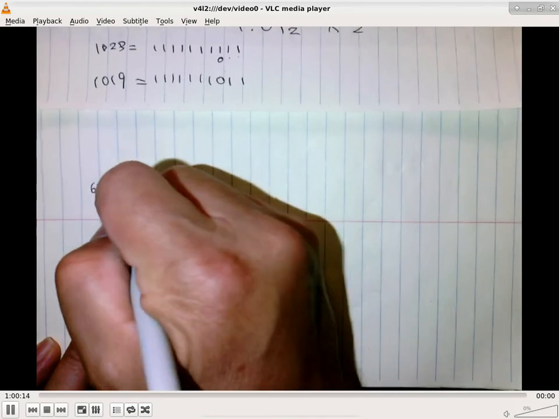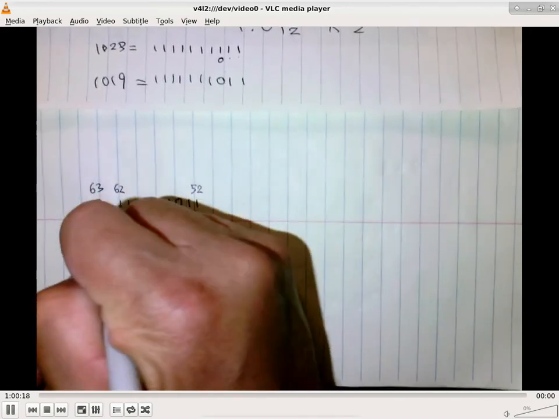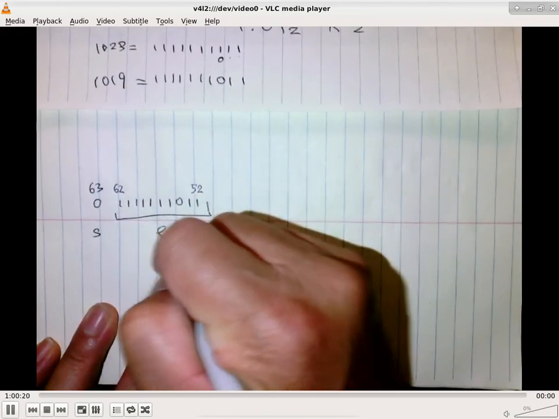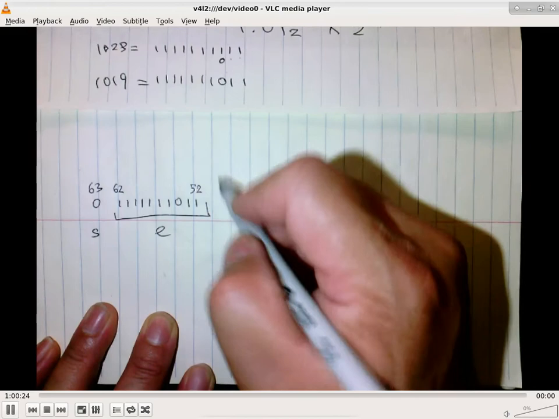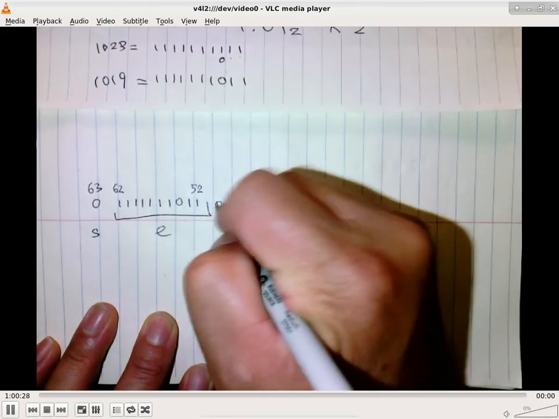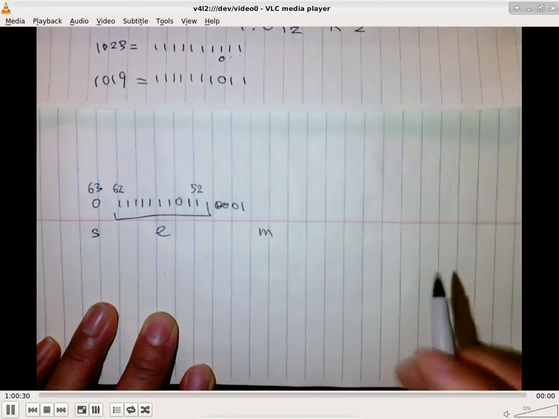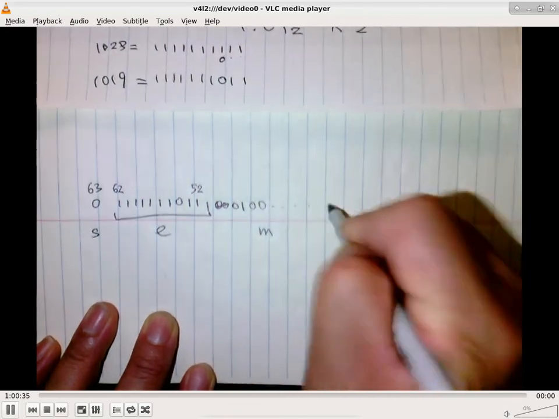So this is going from bit 62 down to bit 52. That's the sign. This is E. And then the fractional part of M, or the mantissa, is, oh, it's just 0, 1, sorry. It's just 0, 1 because the 1 point is not represented. So it's just 0, 1, 0, 0, 0, all the way down to here.